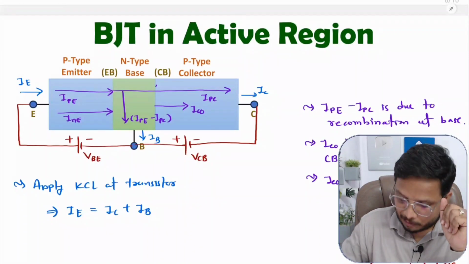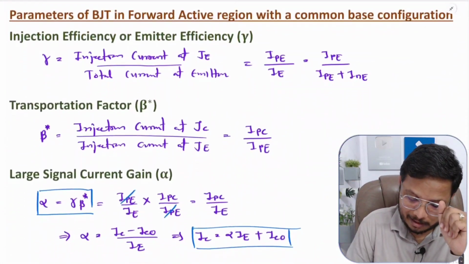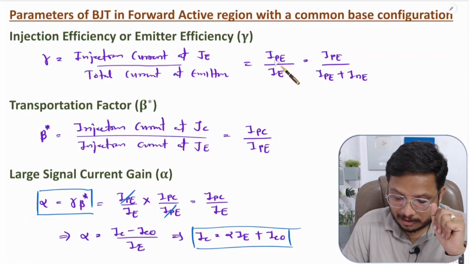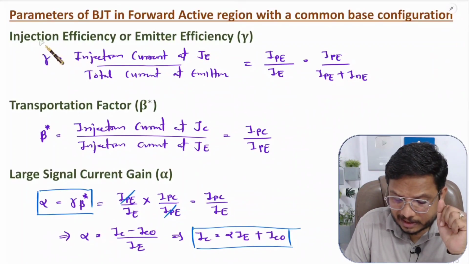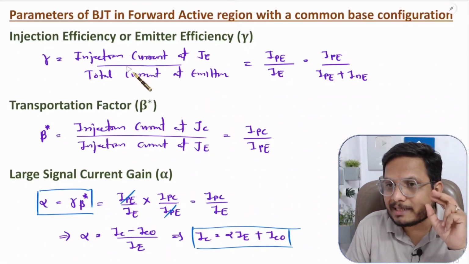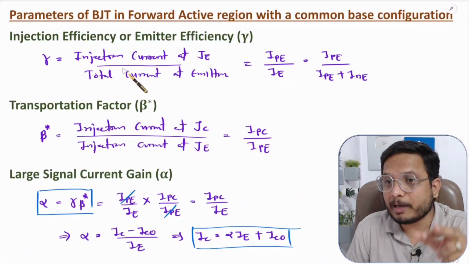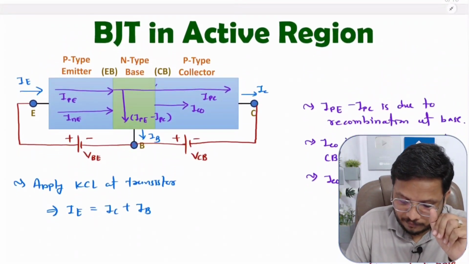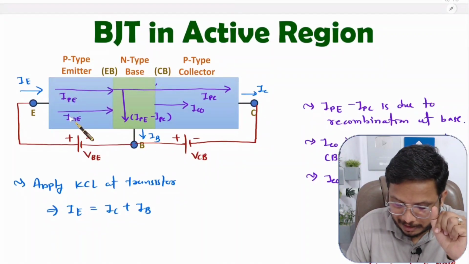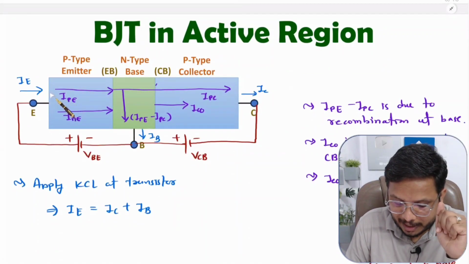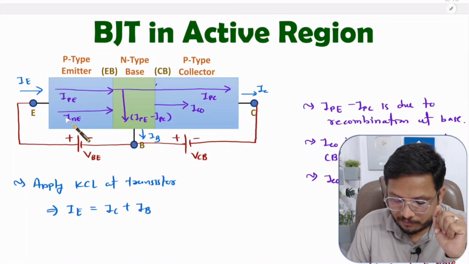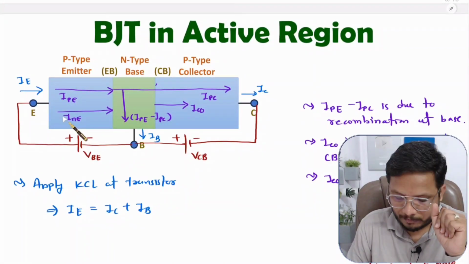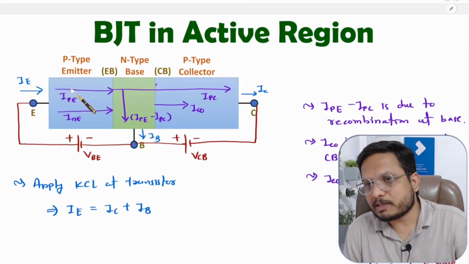Secondly, gamma tells how much injection efficiency there is: the total injection current at the emitter divided by the total emitter current. If injection is higher, then IPE divided by the total, IPE plus INE, improves. If the INE value is lower, the injection efficiency will increase.